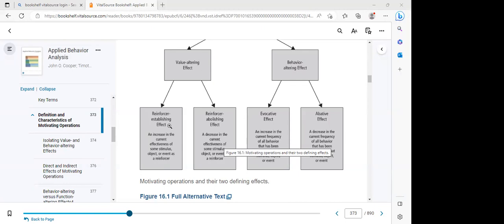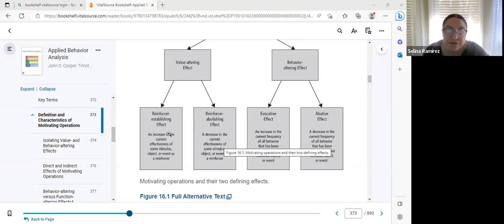So reinforcer establishing effect: an increase in the current effectiveness of some stimulus, object, or event as a reinforcer. That's your EO.